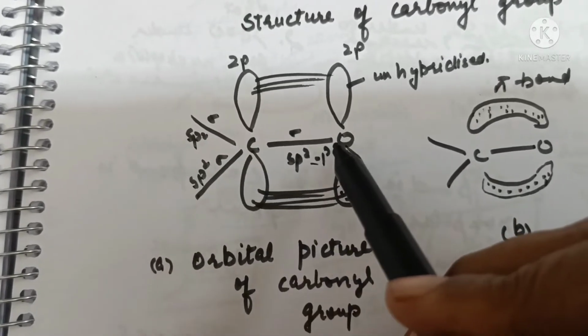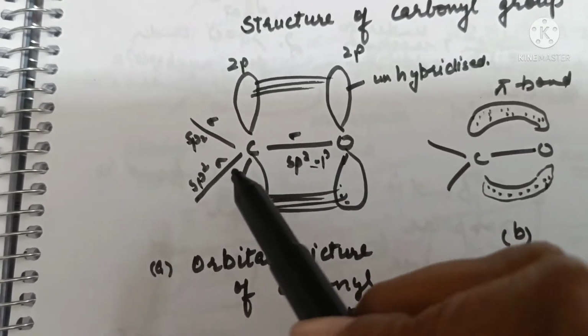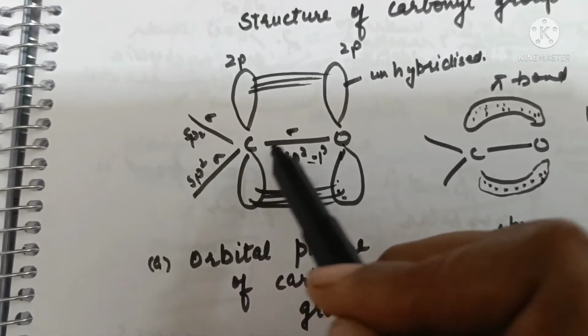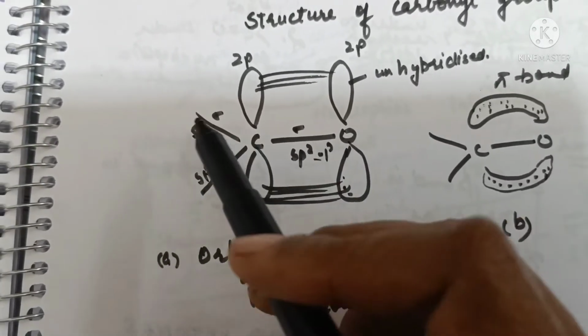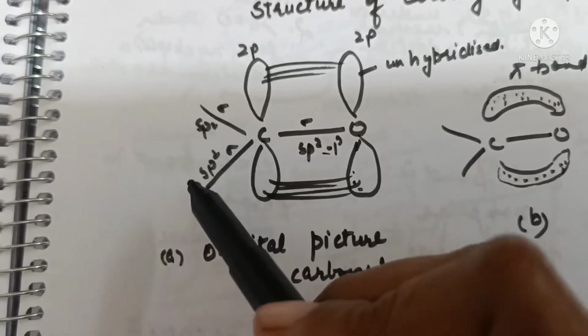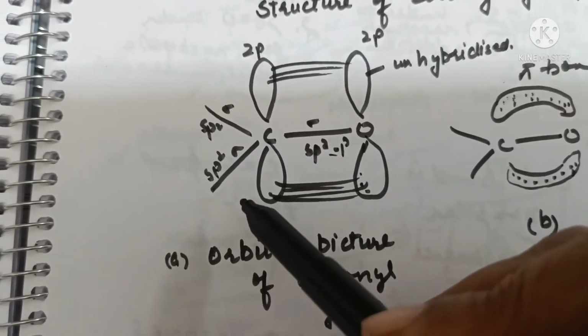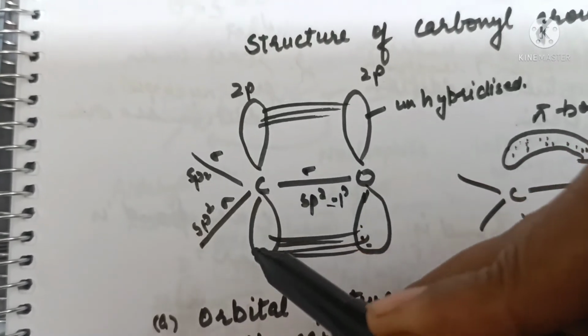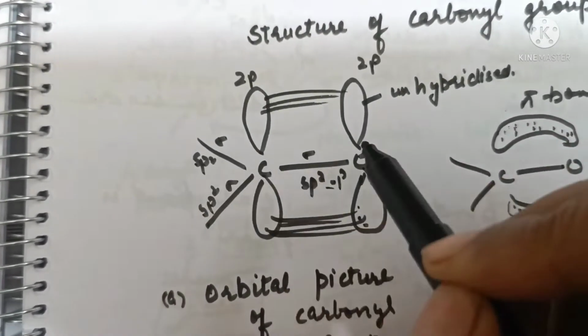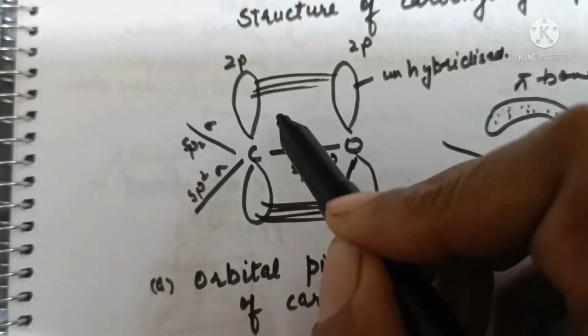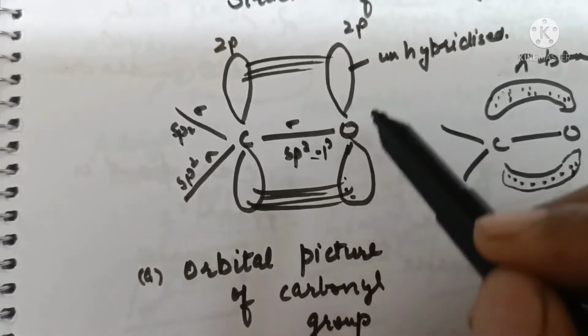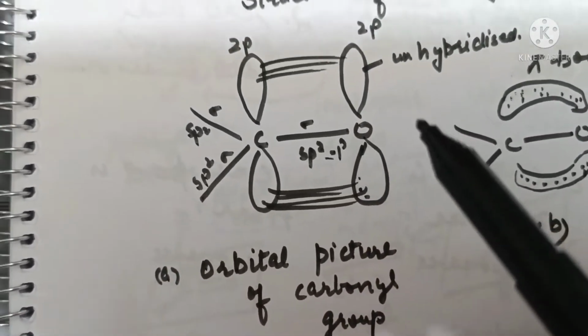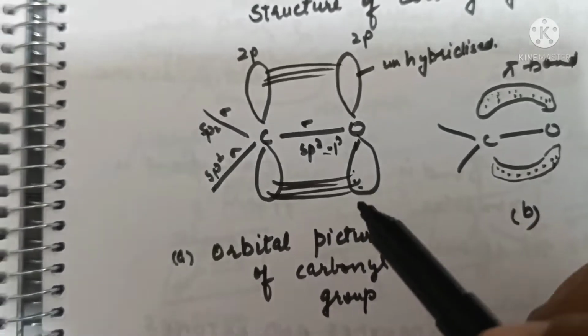These 3 sp2 hybrid orbitals will form sigma bonds, one with oxygen atom and 2 with either hydrogen or carbon of alkyl groups. And the unhybridized p orbital will overlap sidewise to form a pi bond with the unhybridized p orbital of oxygen atom.